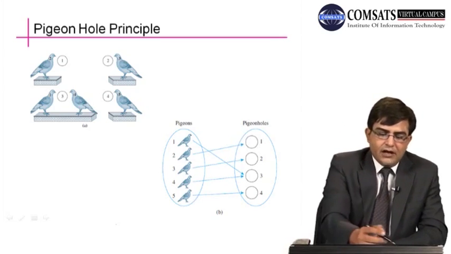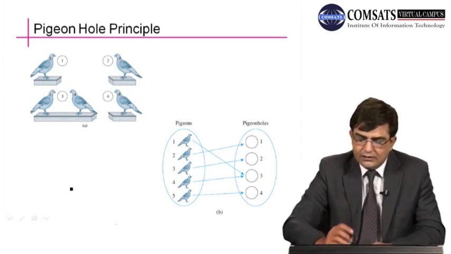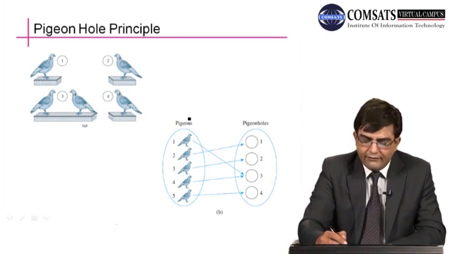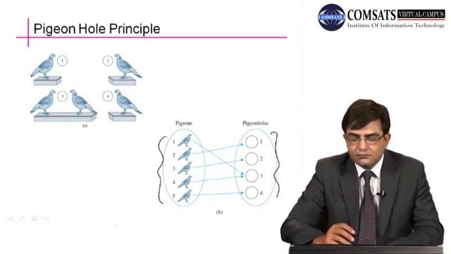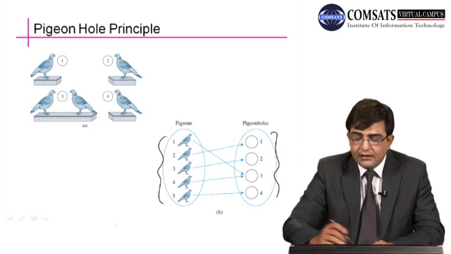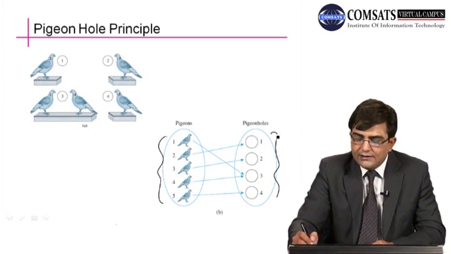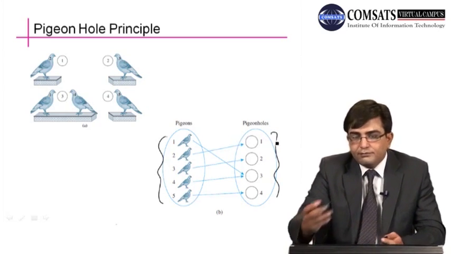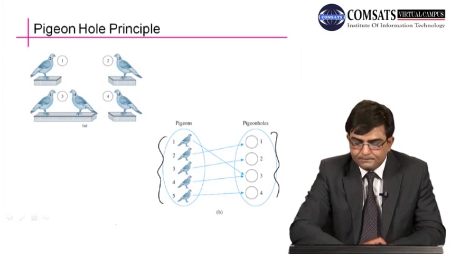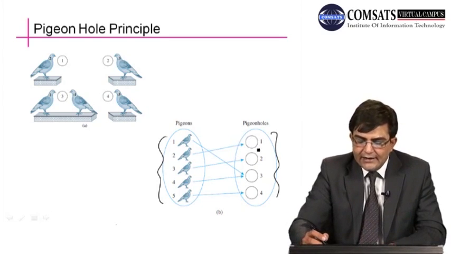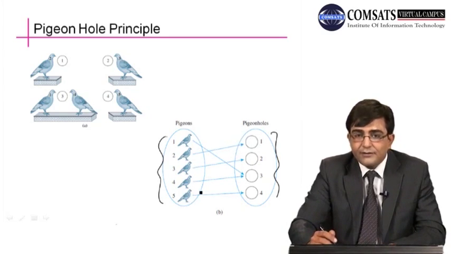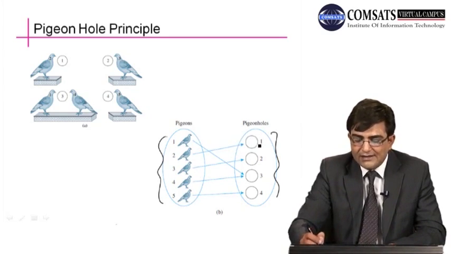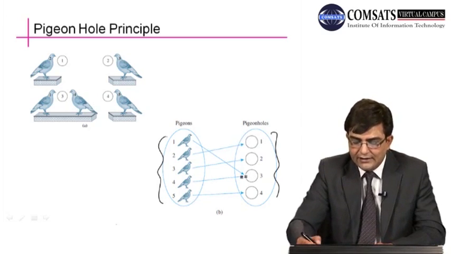For example, using this figure, if you have 5 pigeons here and you have 4 cages, or 4 pigeonholes, then at least 2 of these 5 pigeons must be closed in one cage.